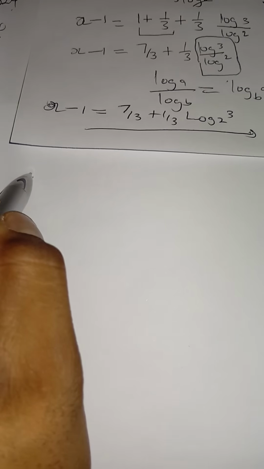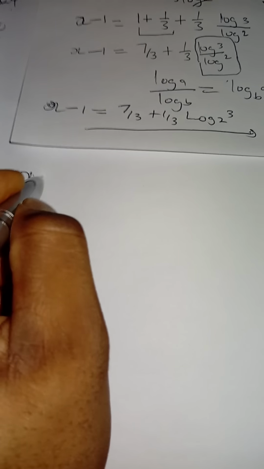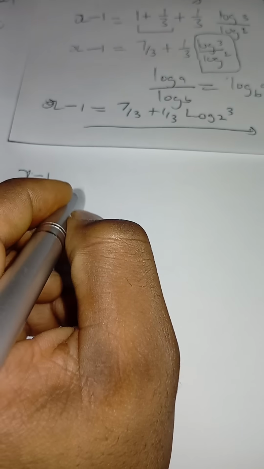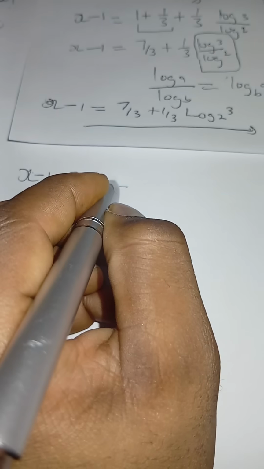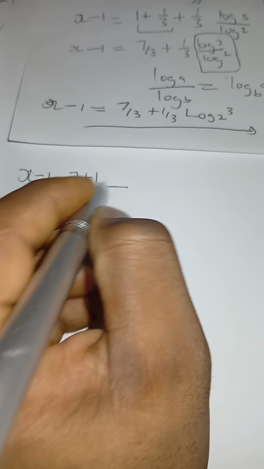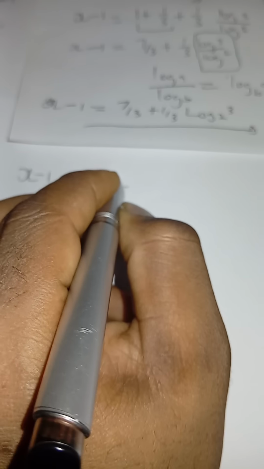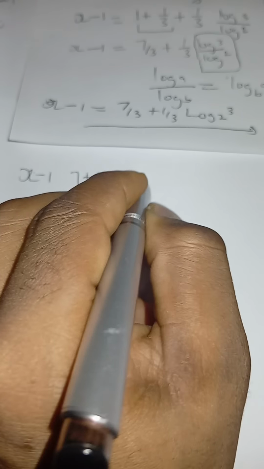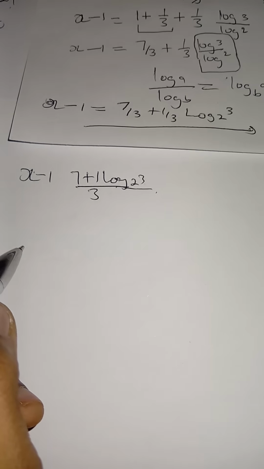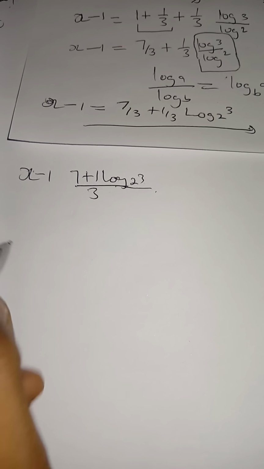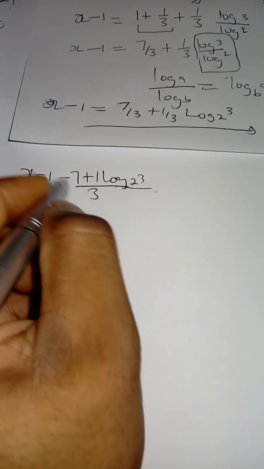All right, we are having (x minus 1) all over 3 is equal to 7 plus 1 log_2 3. This is what we have.